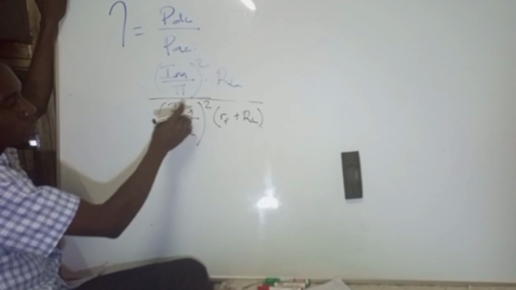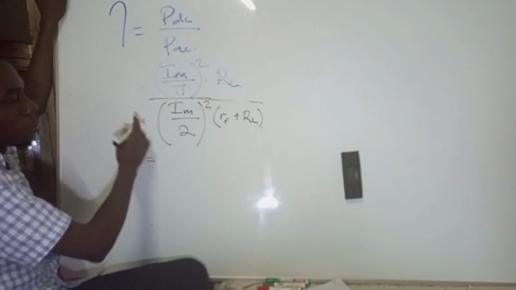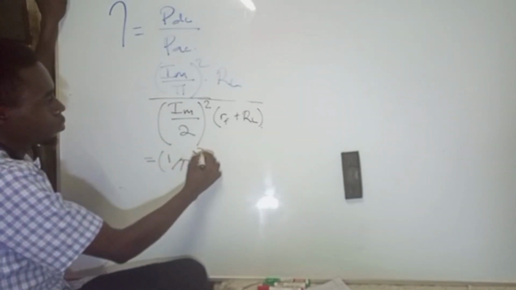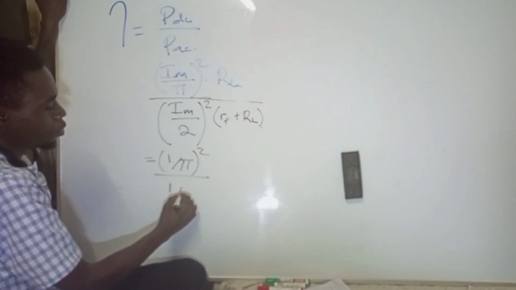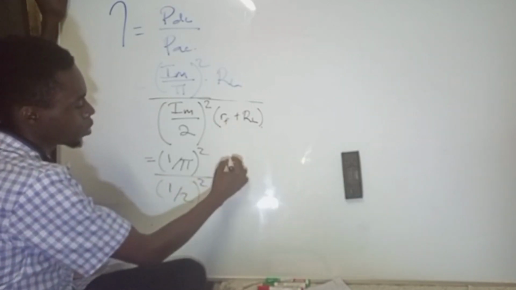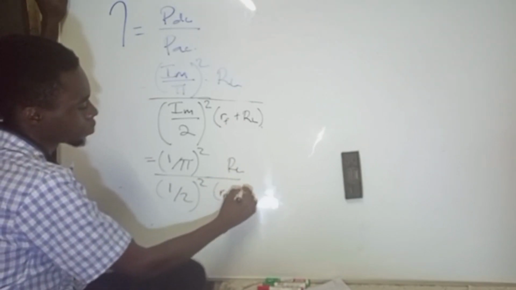The IMs will cancel, because even though I pull them out, you can see clearly that they're going to cancel. So I'll remain with 1 out of pi T squared divided by 1 out of 2 T squared times this value here, which will have RL over RF plus RL.